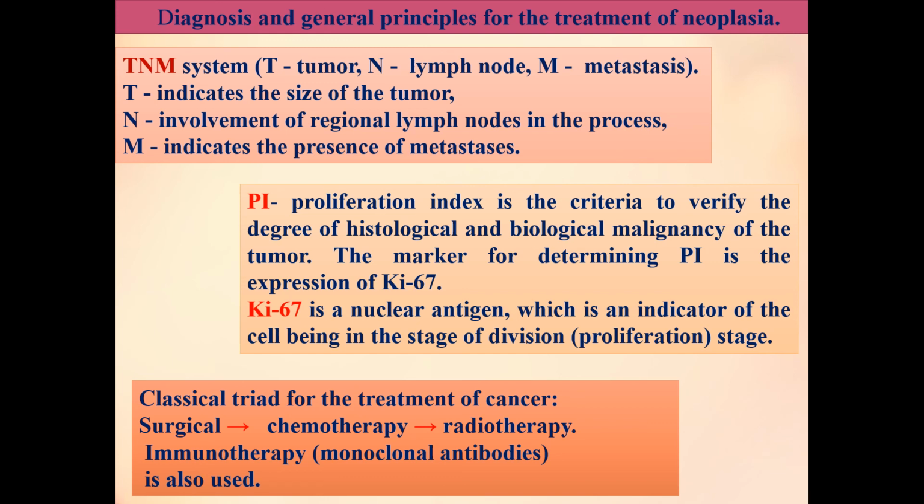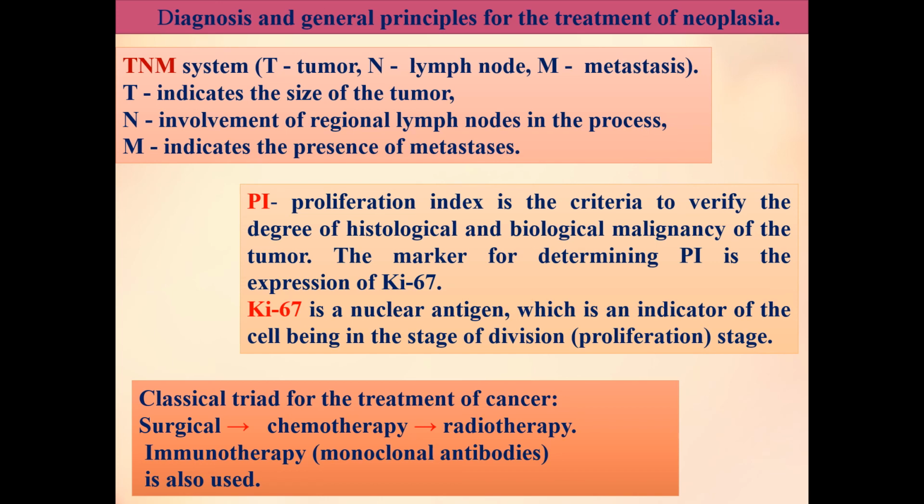And knowing the index level, you can make the survival prognosis and choose the optimal treatment tactic. If the index level is high, that is, there are a lot of proliferating cells, then such cancer is well served by chemotherapy. This is due to the fact that chemotherapy drugs kill only those cells that are in the stage of proliferation.